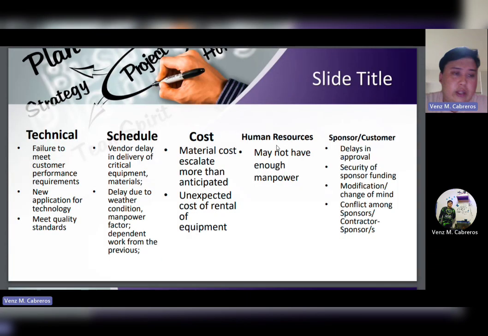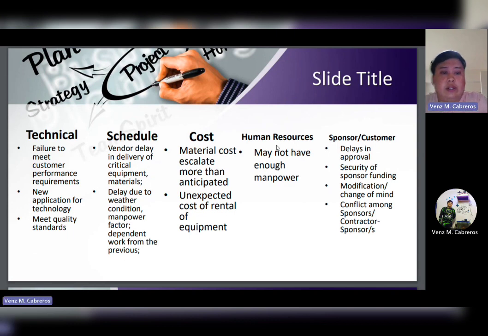Here is how you can identify risk, especially in technical, schedule, cost, human resource, and sponsor or customer areas. Technical: failure to meet customer performance requirements, new application of technology, and meeting quality standards.